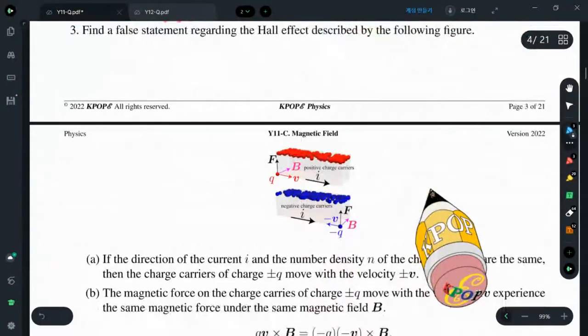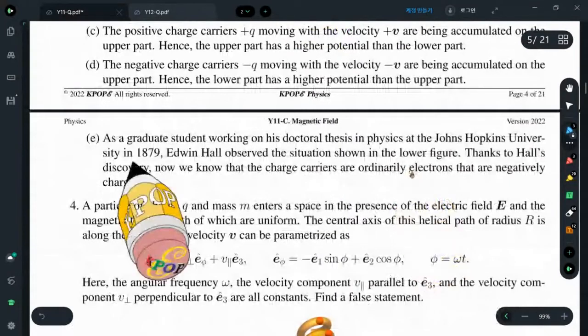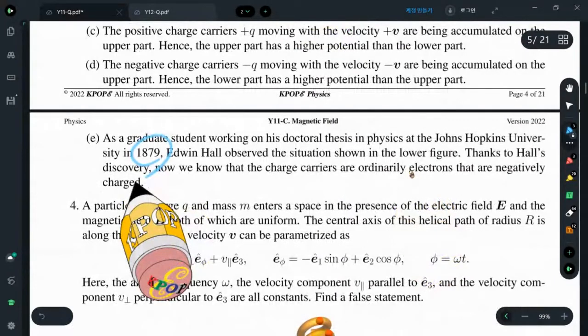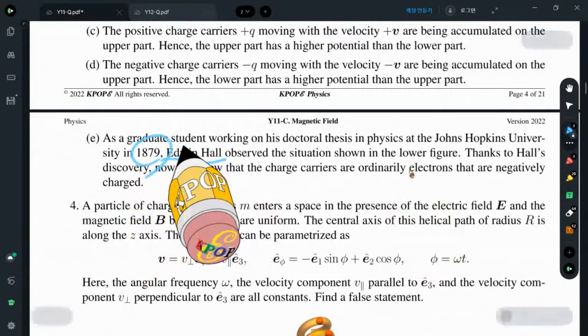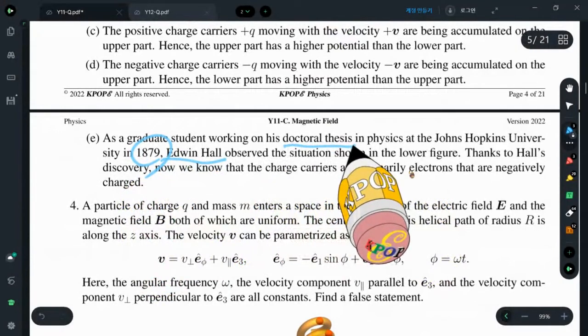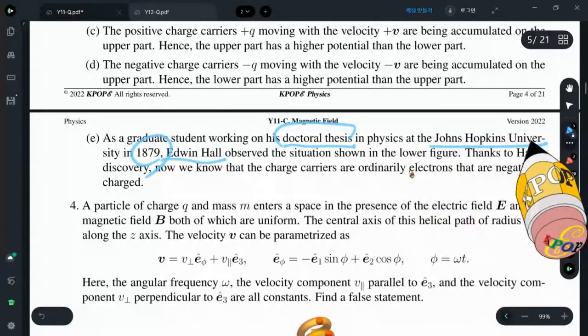Next, we consider the Hall effect. A long time ago, in 1879, Irving Hall was a graduate student. He was writing his doctoral thesis, just about to get his PhD degree at Johns Hopkins University.